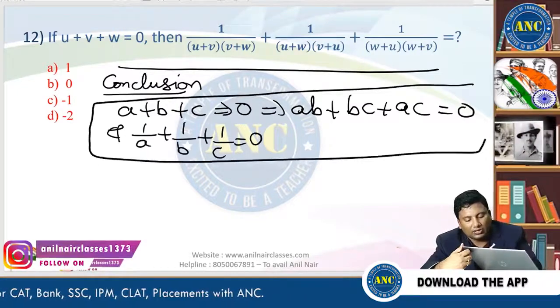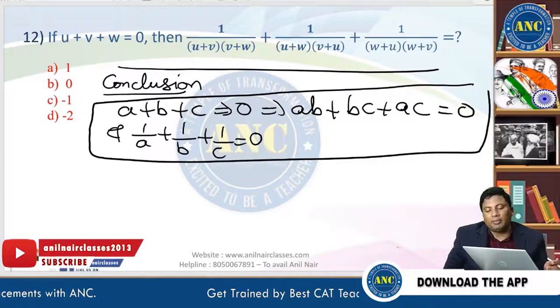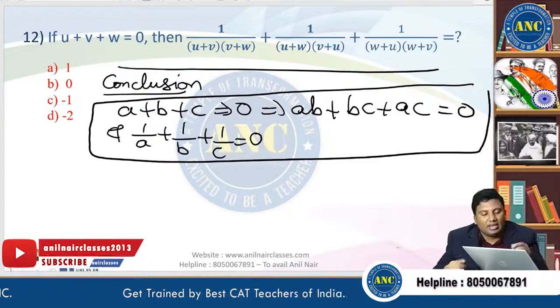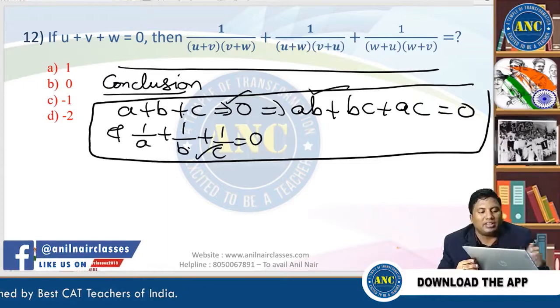Please write down this. a plus b plus c is 0, ab plus bc plus ac. If these two are given, this is right. If these two are given, this is right.